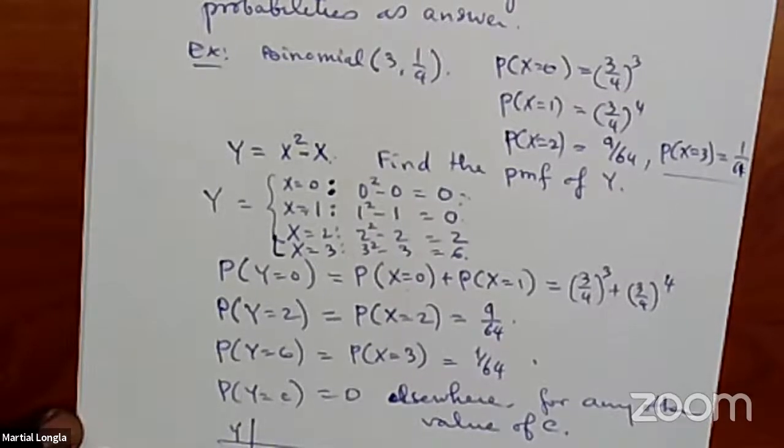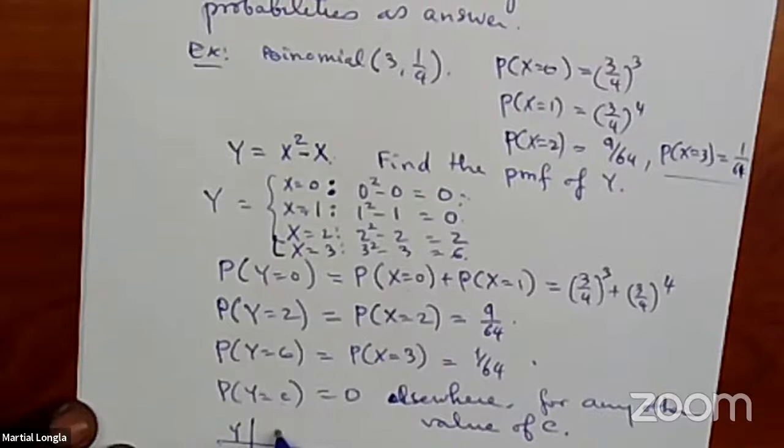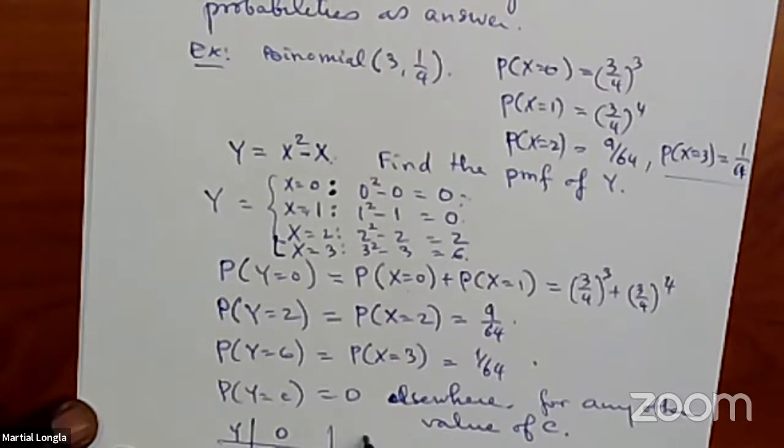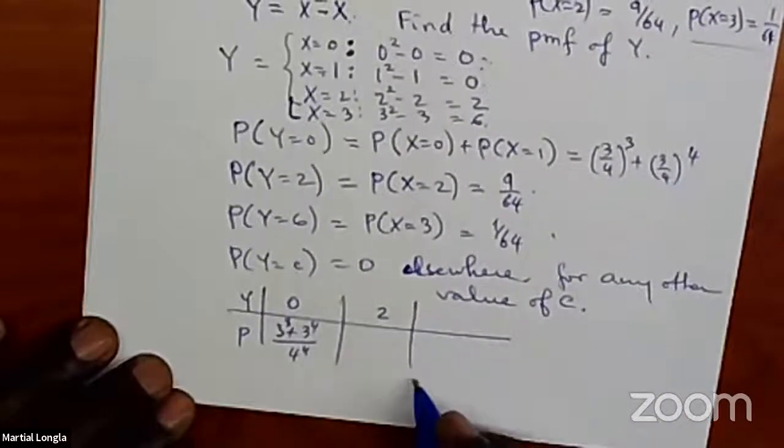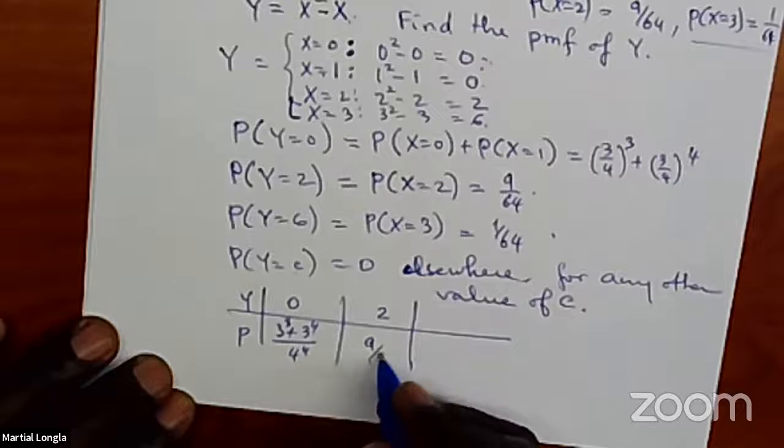Usually we can put that in a table. For y, we got 0, and we can add these numbers. It's not that important. So it's going to be 3 cubed plus 3 to the 4th over 4 to the 4. Then 2, 9/64.